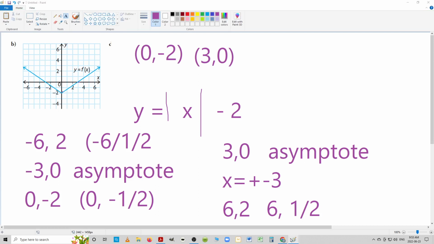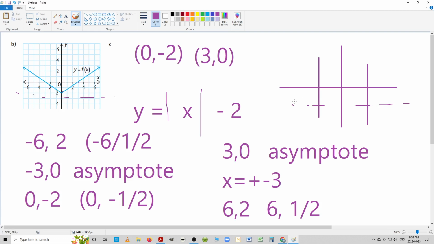So my guess is you're going to have something like this. And we're going to have an asymptote here and here. And actually, there's probably going to be a horizontal asymptote down at -2. And there's probably going to be something like this.